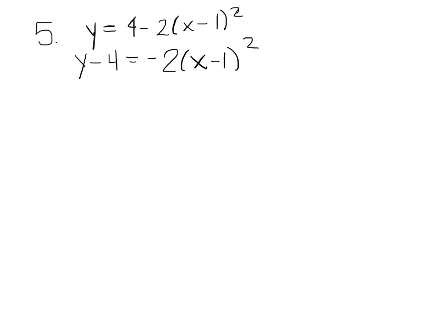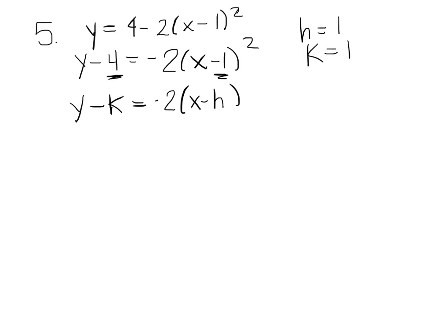So just by looking at this right here, I know h equals 1, and here is my k value. Maybe I need to remind you, the general form: y minus k is equal to a times x minus h squared. And if I'm going to go general, let me go ahead and put an a here.